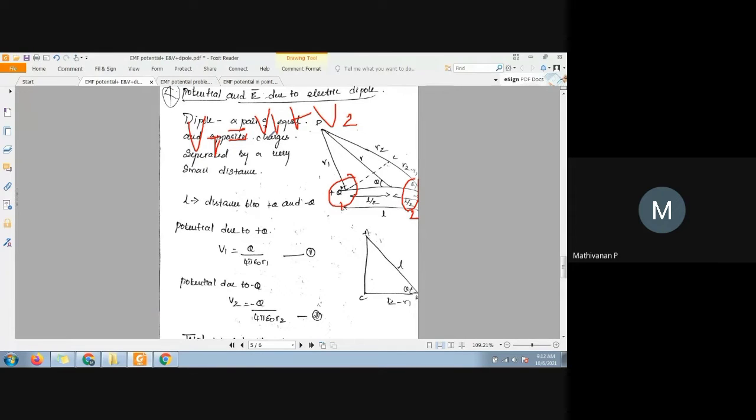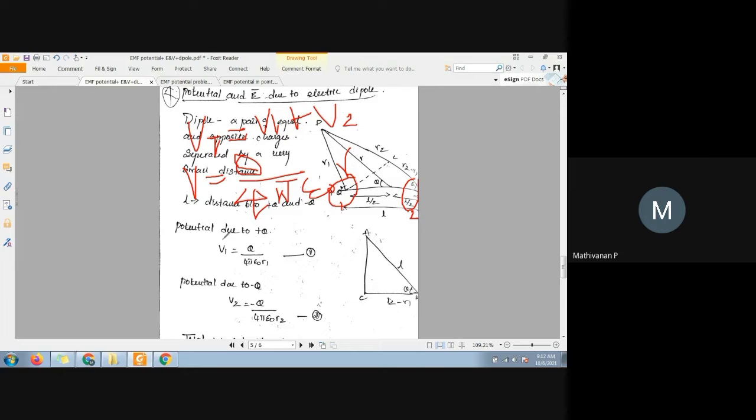So first, what is going to be the potential equation? We are going to take the absolute potential. The absolute potential equation is V is equal to Q divided by 4 pi epsilon naught R. So this is your absolute potential.